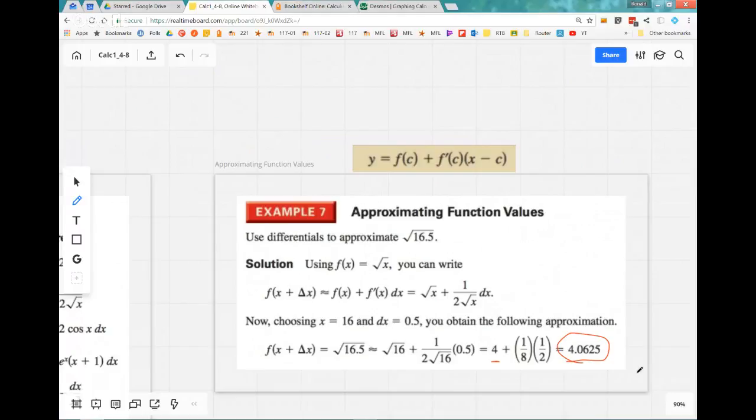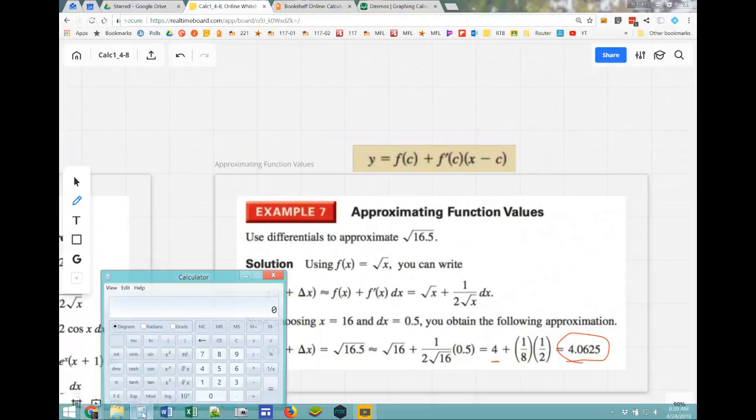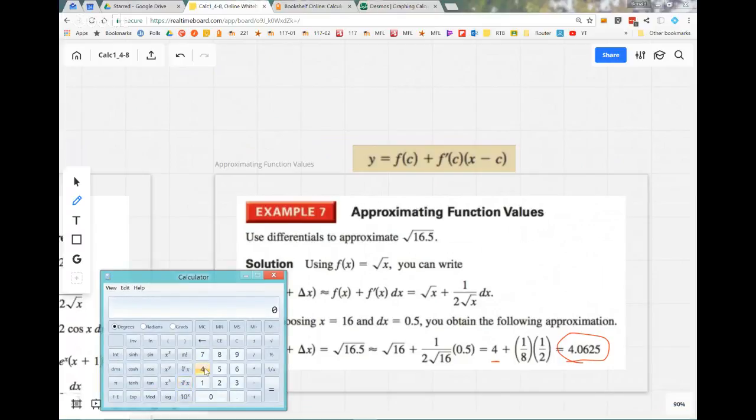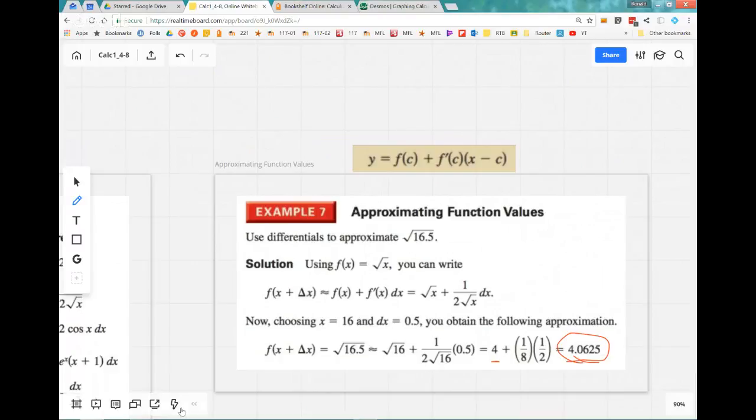Now, if you have a calculator handy, I'd urge you to do it with me. If we do this together, I guess I can do it on the screen here. All right, so now if we do 16.5 and then do the square root, you see what you get. You get 4.062. You see how this is the exact, this thing I circled in red, that's the approximate.